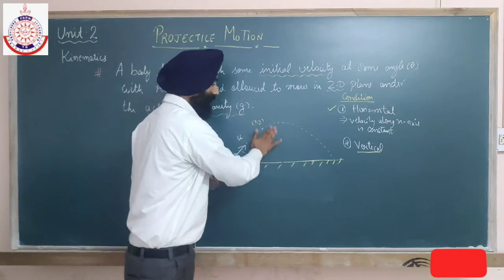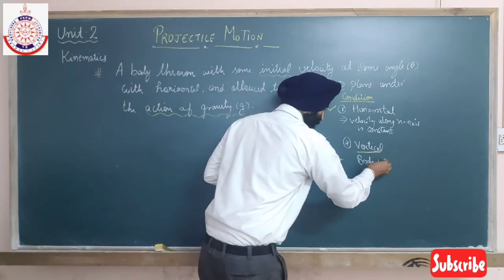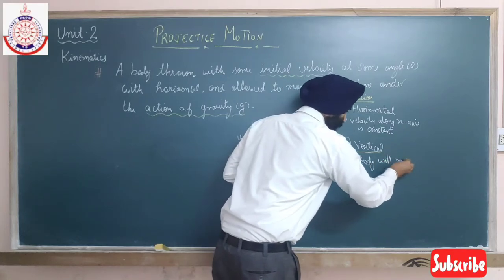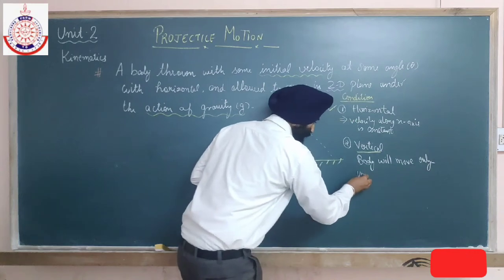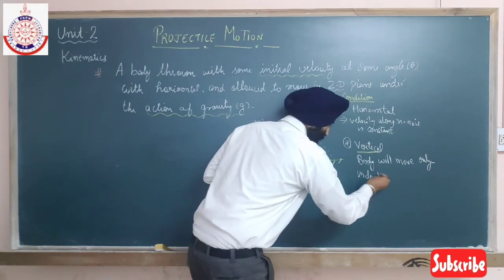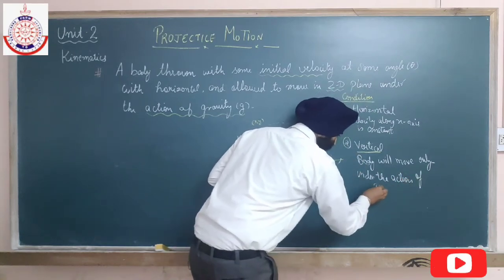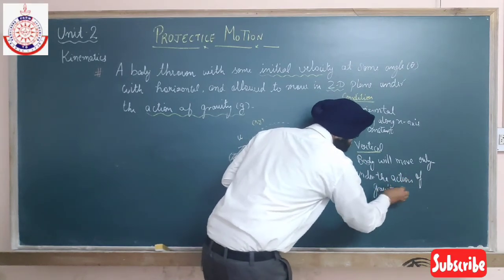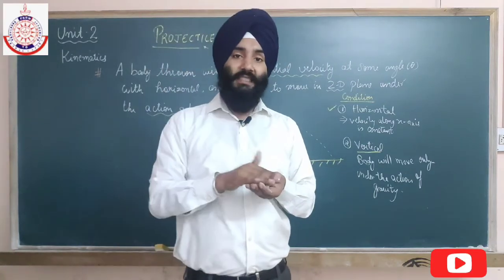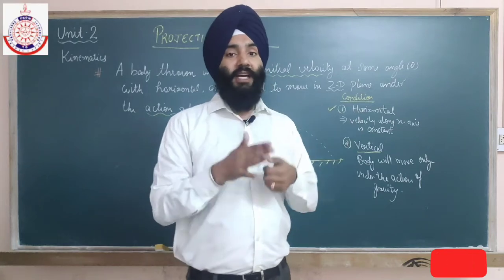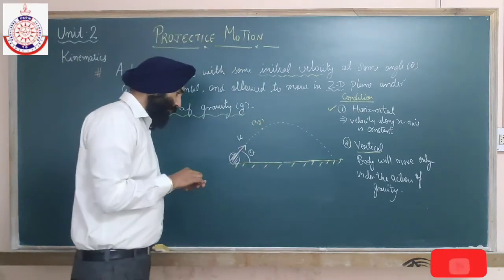And the condition for vertical is that the body will move only under the action of gravity. So the body moves only under gravity along the y-axis, and along the x-axis we give some initial constant velocity. So these are the two most important conditions.